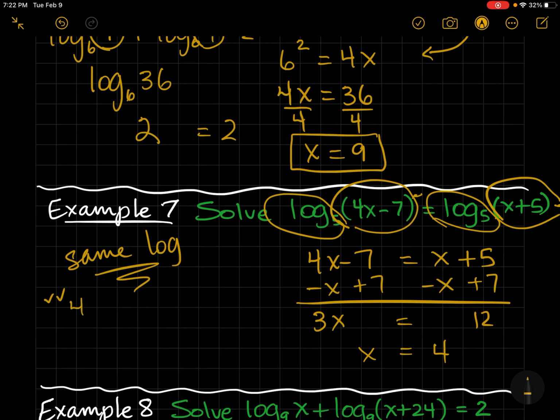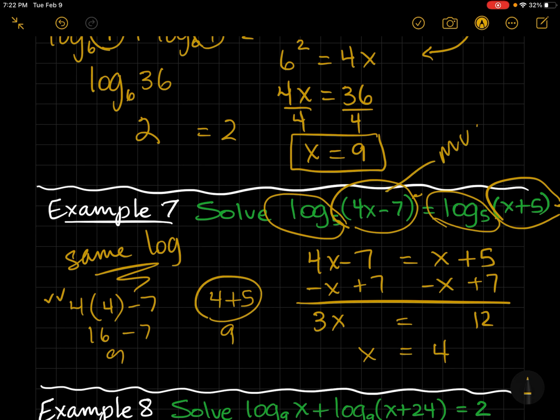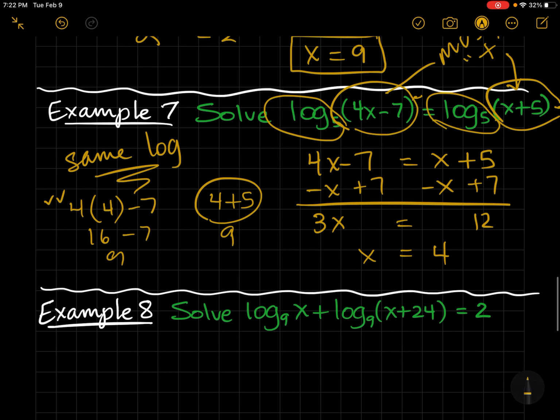So 4 times 4 minus 7, that's definitely positive. And of course, 4 plus 5 is also positive. I'm just checking, must be positive. In both of those positions, you cannot take the log of 0 and you cannot take the log of a negative number.